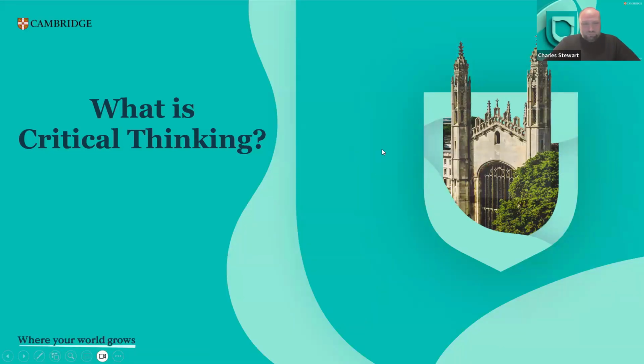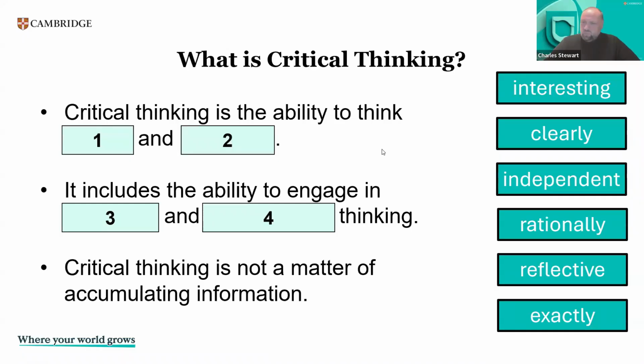So first of all, critical thinking. What is critical thinking? What I would like for you to do on the screen, you see some definitions of critical thinking, but some of the words are hidden. Which of these words go in the gap? So, critical thinking is the ability to think.